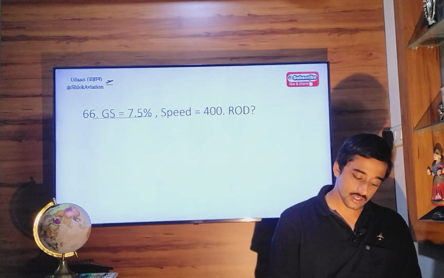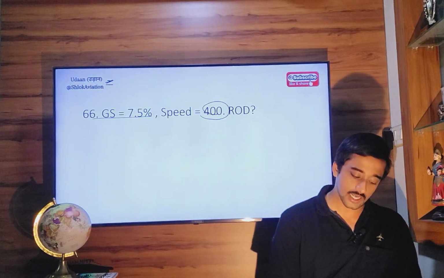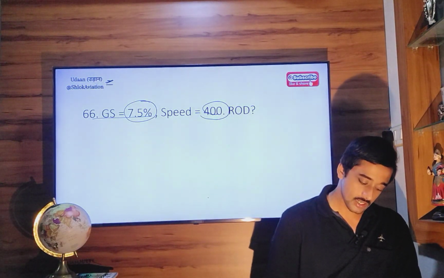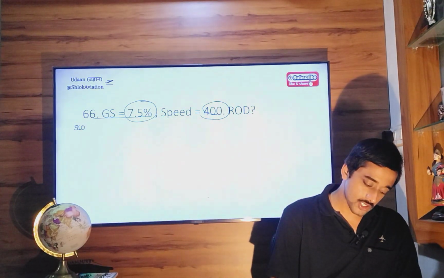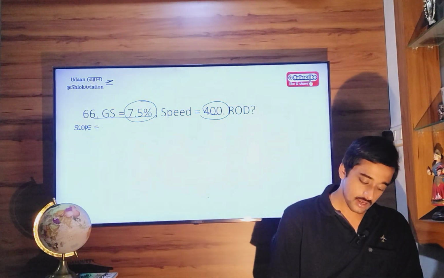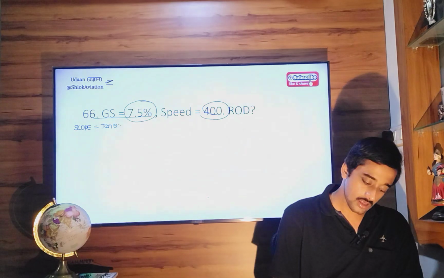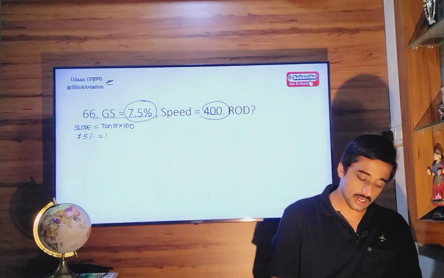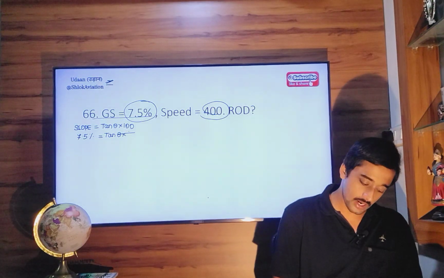Glide slope speed 400 knots, glide slope 7.5%. Rate of descent is how much? So, slope equals tan theta into 100. So, 7.5% equals tan theta into 100.